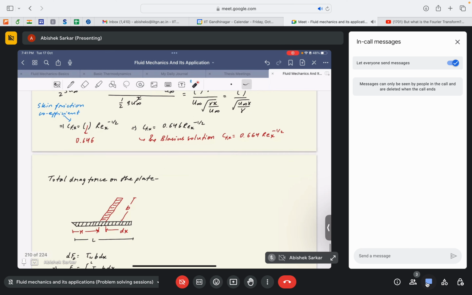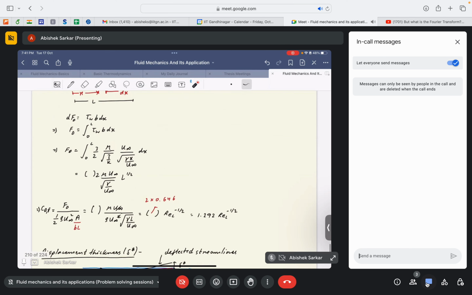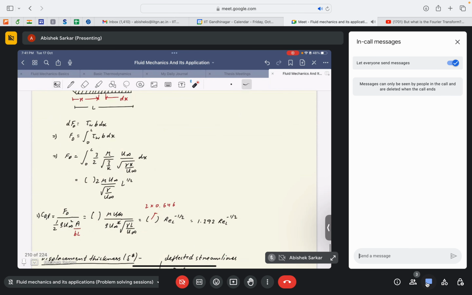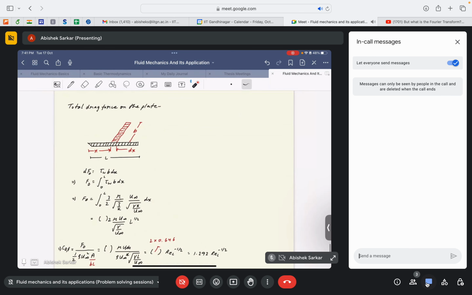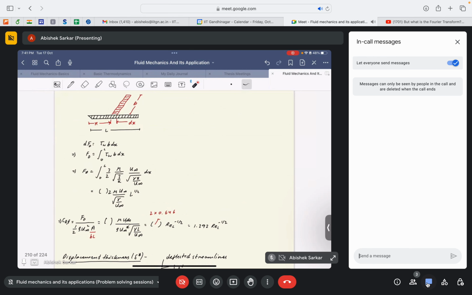I won't go back here. Again, I will just show you the results. If you find the drag coefficient by evaluating the net drag force on this flat plate, the coefficient that we got was 1.292, and in the case of flow over a flat plate from the Blasius solution, we got that this coefficient was around, I guess, 1.32.